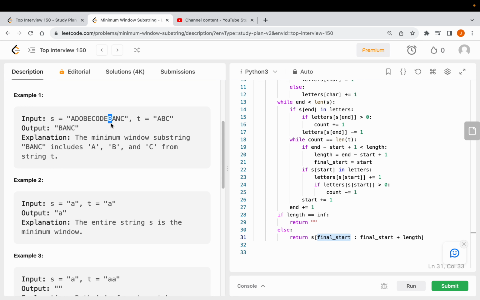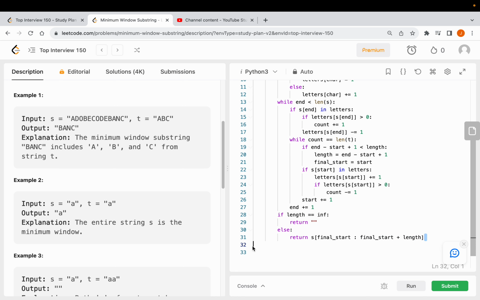So this is index 9. Yes, 9, 10, 11, 12. So 9 plus length 4 gives us 13, and this is exclusive, so this will actually go from 9 to 12.